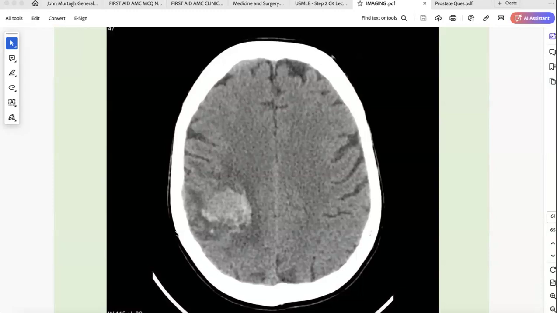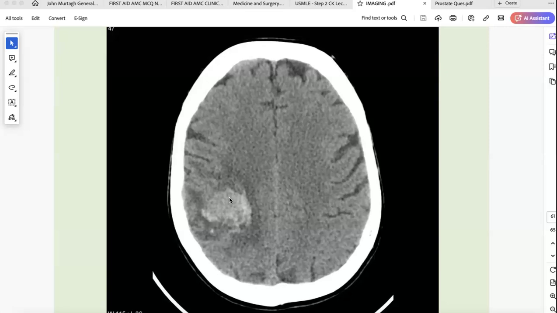They don't usually confuse you with these kinds of things, but if they do, the symptoms of the patient will lead you to a diagnosis. If the patient has a history of melanoma, then we would go for metastatic melanoma as the likelihood.